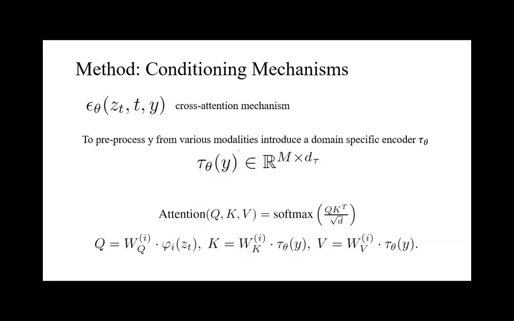Then I encode this condition into some representation and I inject this condition by a cross-attention mechanism in my UNet. How do we inject this? So here is the attention function. I think this is missing a B here.